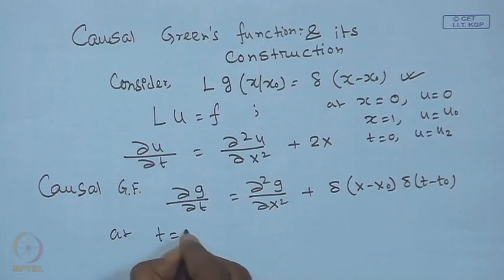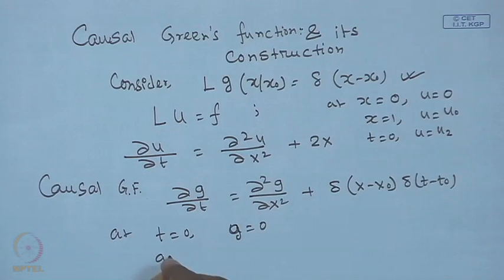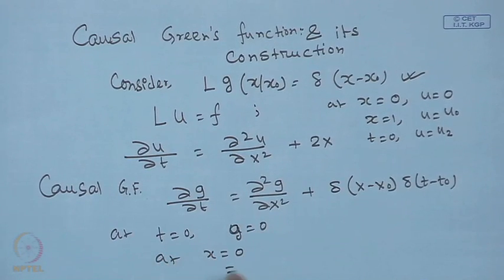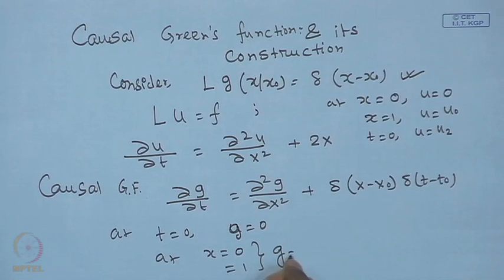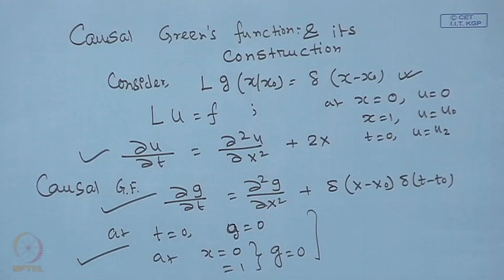At t equal to 0, we have g equal to 0, and at x equal to 0 and 1, we have g equal to 0. So, we force all the boundary conditions to be homogeneous and we construct the causal Green's function. This is how a causal Green's function is obtained from an original problem.